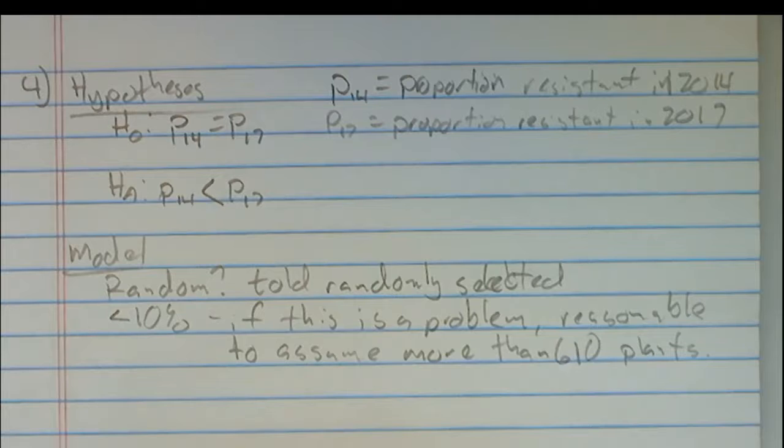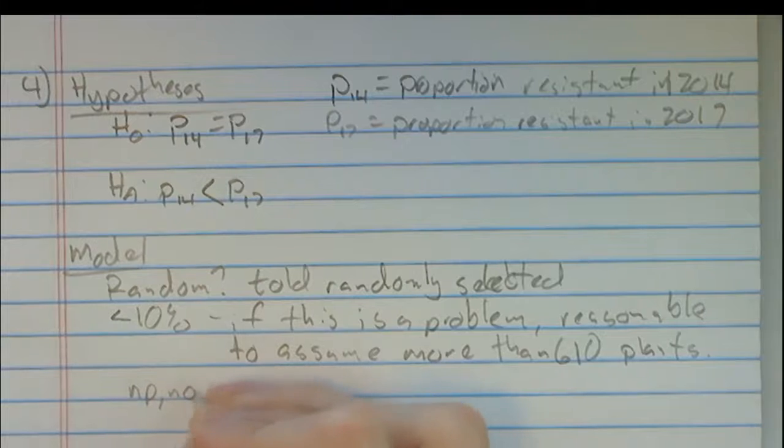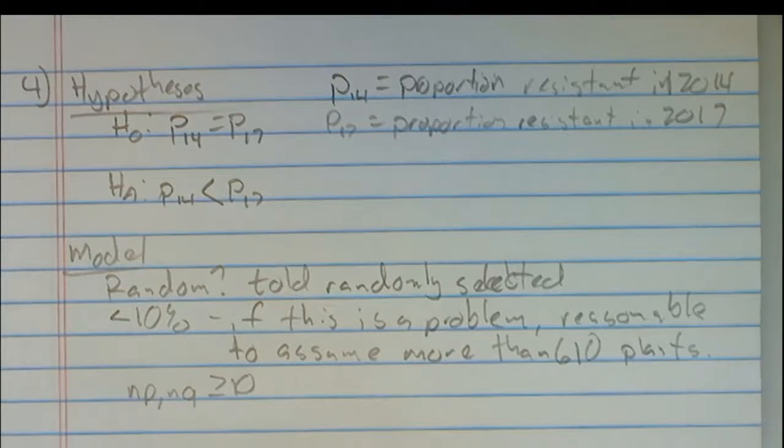It's reasonable to assume there's more than 610 plants, right? If there were only 600 of them, this would not be a problem. There's probably millions. All right, what else do we have? We need 10 successes and 10 failures.